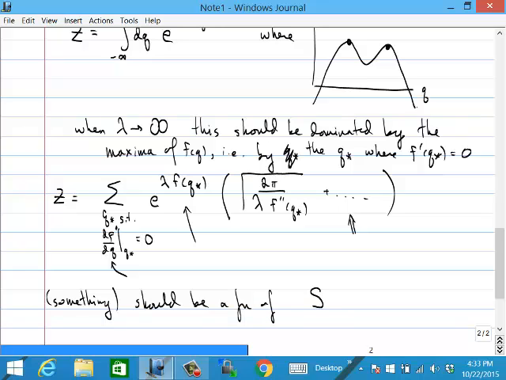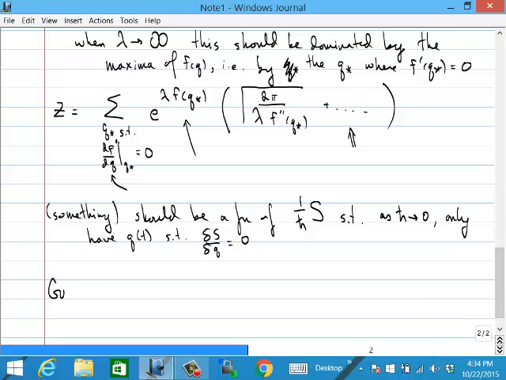And remember, the action has dimensions of energy times time. So the dimensionless thing that you can write down is 1 over h bar times the action, which has the property that as h bar goes to 0, you only include paths where ds by dq is equal to 0 for one of those paths.